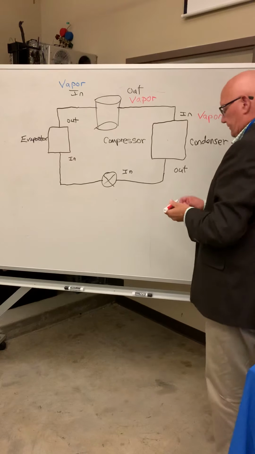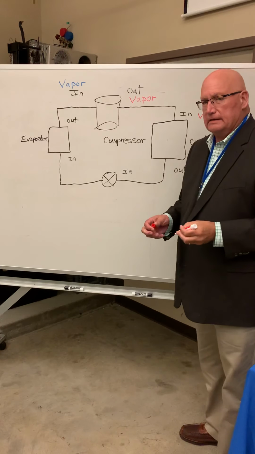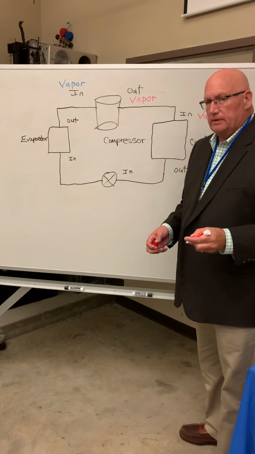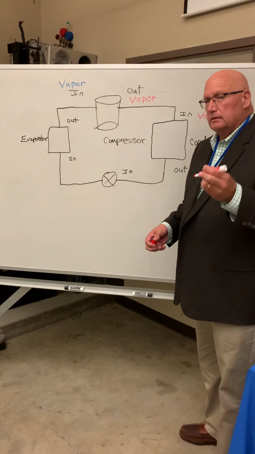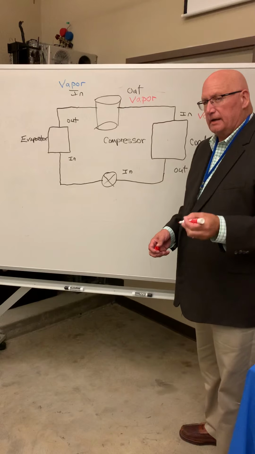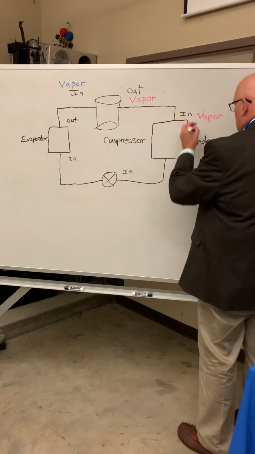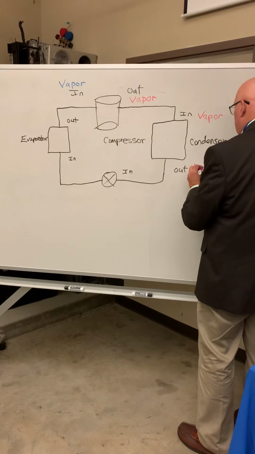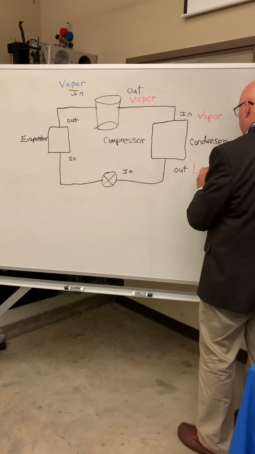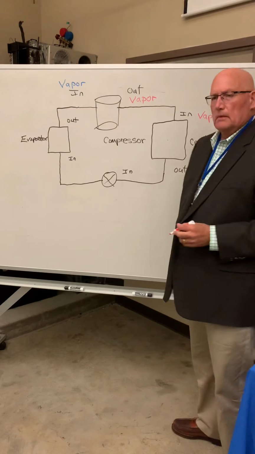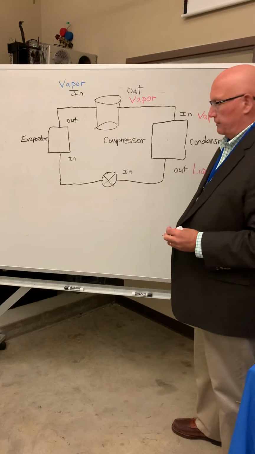But here we have the word condense, condenser. So when we condense something, we are going to change that state of matter into a liquid. So vapor in, liquid out. We travel to the metering device.